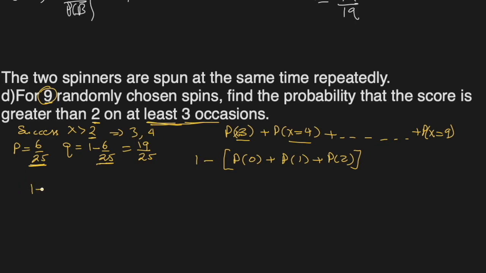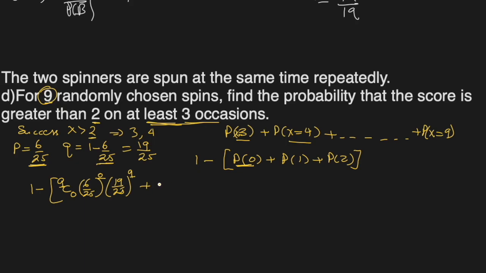So 1 minus the probability of 0 will be 9C0. Probability of success is 6 over 25 to the power 0. But 19 out of 25, the failure, all of them are failure. So 0 plus 9 should be equal to 9.